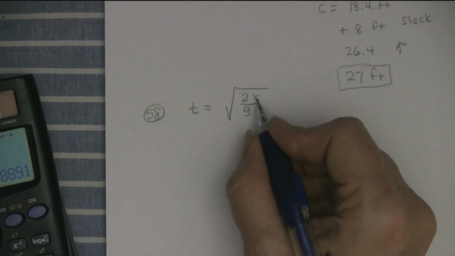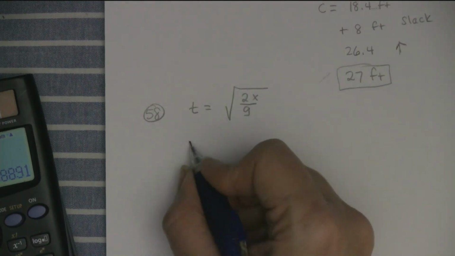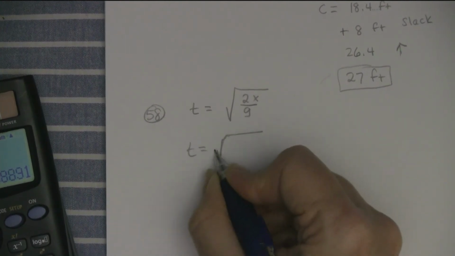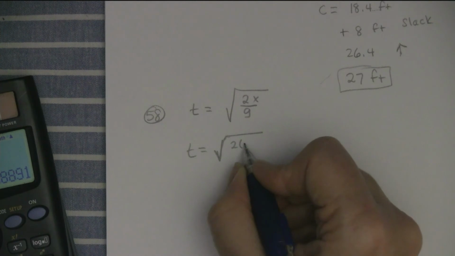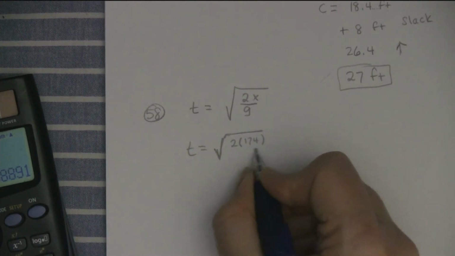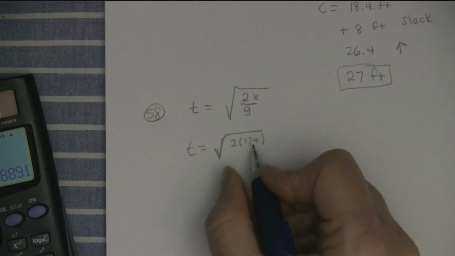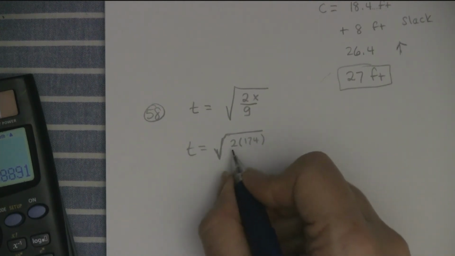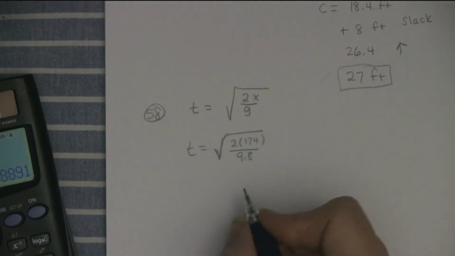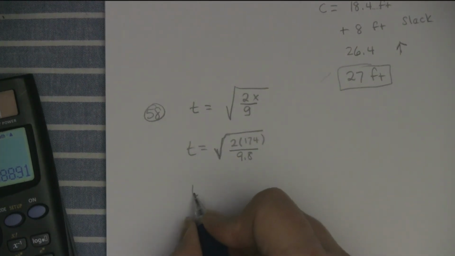Yeah, and so in the problem I had before, that got kind of weird there. I had, like I'm remembering, like 7 feet that it fell, but now it's 174 feet, meters that it's going to fall, right? And then 9.8 here. And this is going to give us the time in seconds.